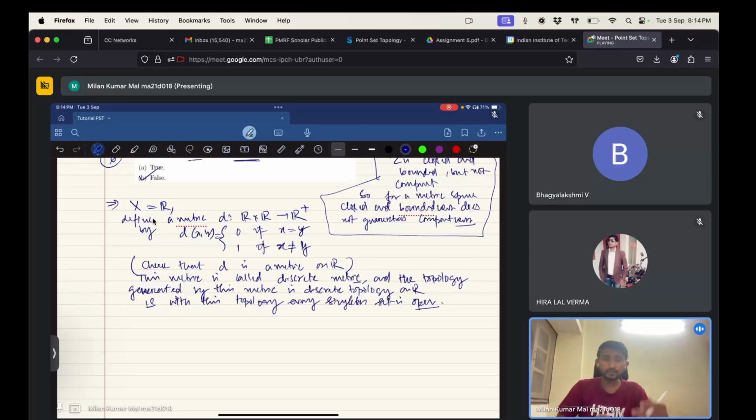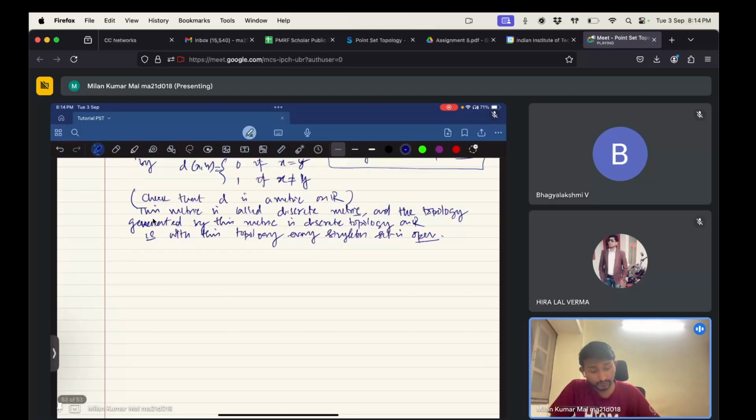Every singleton is open, and that automatically implies every singleton set is closed also. These are very general facts.